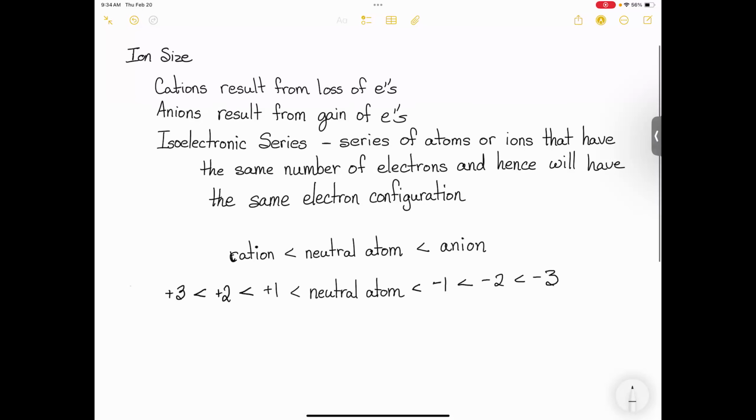This is your ion size trend for an isoelectronic series. That's all there is to it.